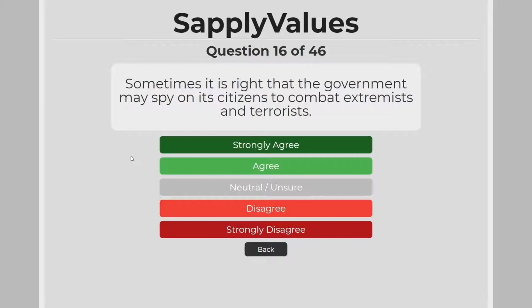If it said all the time, all the time spying on us just because there might be a threat out there, then I would only put agree. But since it only says sometimes, I'd put strongly agree, because what I basically take away from this question is that when it says sometimes, in extreme instances or in instances where they do have a threat, then they could spy on us. I would strongly agree.